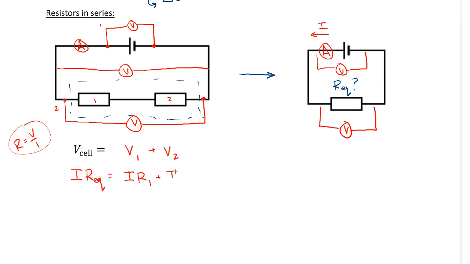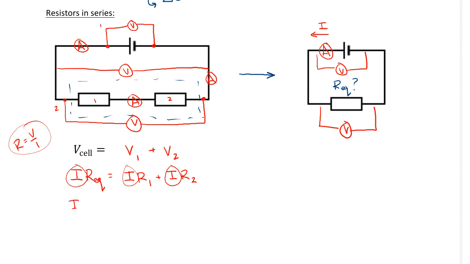And then the same thing at resistor 2, the current multiplied by the resistance of resistor 2 in ohms. Now all three of these currents are the same because no matter where I put an ammeter, whether I put it here, here, or here, I'm going to get the same reading because there's only one path for the current to go through.